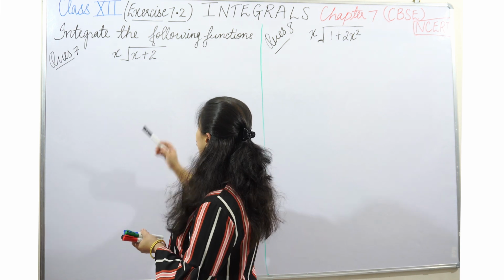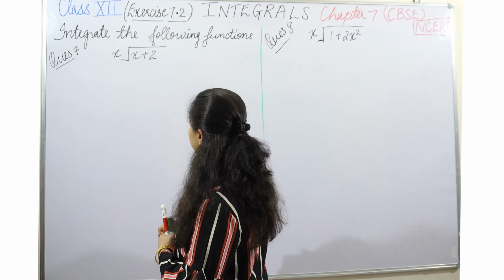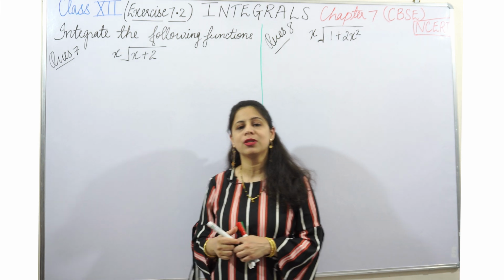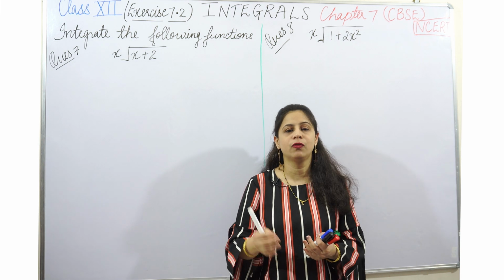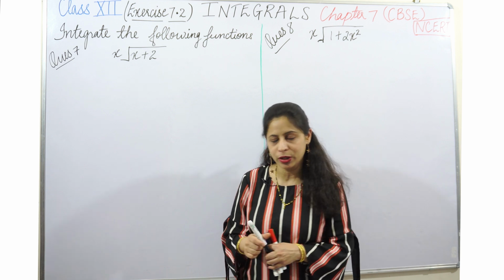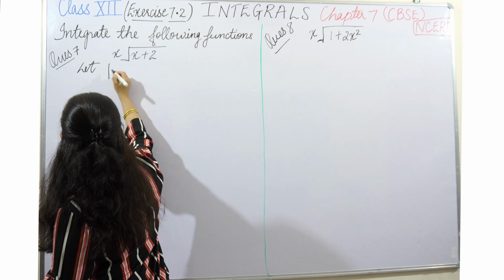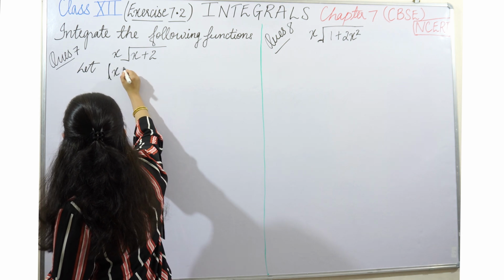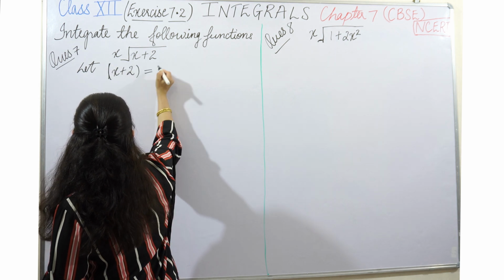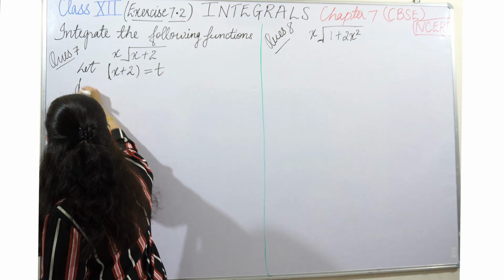So we will be substituting under root x plus 2 to be equal to some variable. I'm taking the variable to be equal to t. So let x plus 2 be equal to t.